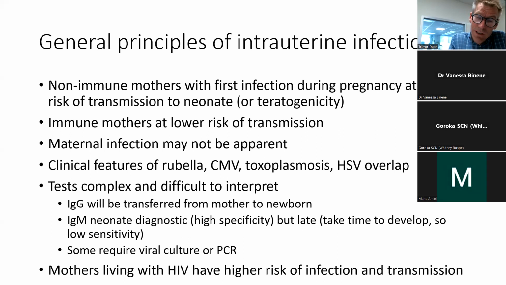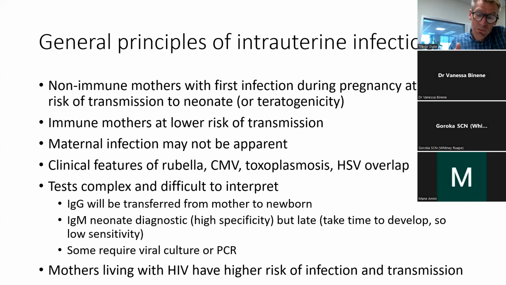And one is that if a mother's not immune, then she's at much higher risk of transmission of the infection to the newborn baby. And that could be a febrile illness in the newborn period, or it could be the teratogenicity of these infections during pregnancy.